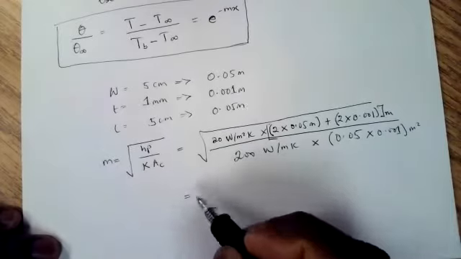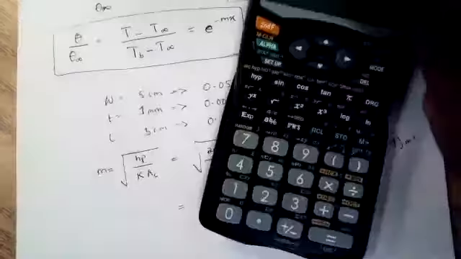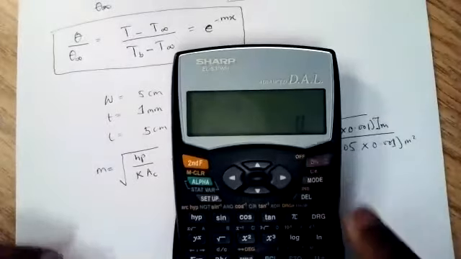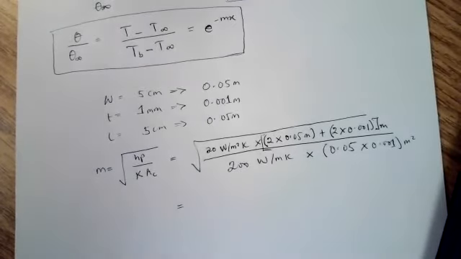And let me pull my calculator out real quick. Okay, so let me do the perimeter side first. So 0.05 multiplied by 2 plus 2 multiplied by 0.001.